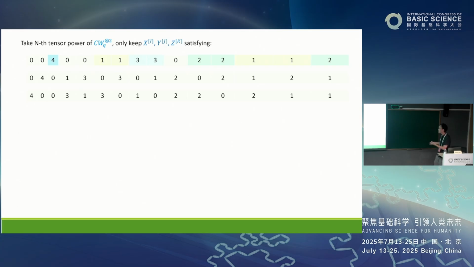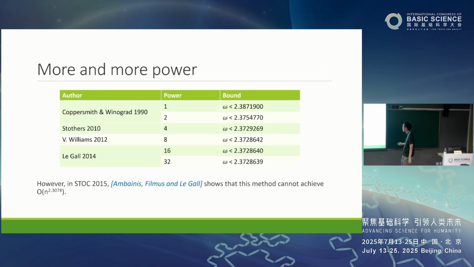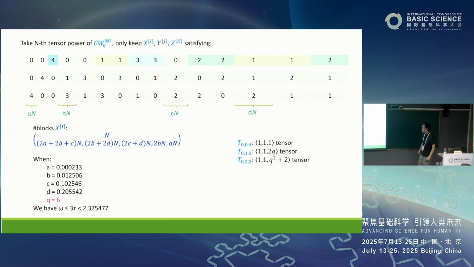Let's see, by this method we can make omega further to 2.3754, like that.